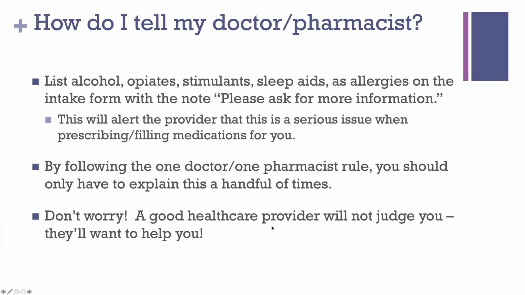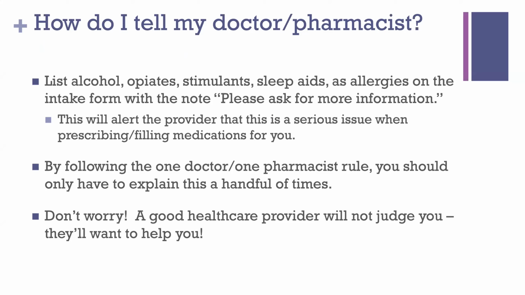So how do I tell my pharmacist and physician? How do I tell my psychologist that I'm in recovery? Now, this is a big deal. I tell them, you don't go in there and say, I'm an addict or an alcoholic, or I'm a recovering addict or alcoholic. You don't tell the office staff that. You simply list alcohol, opiates, stimulants, sleep aids, allergies on the intake form with a note, please ask for more information.